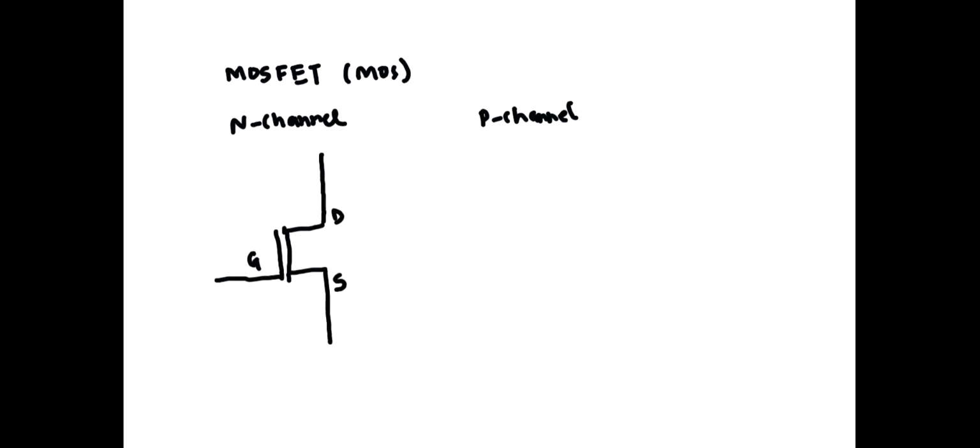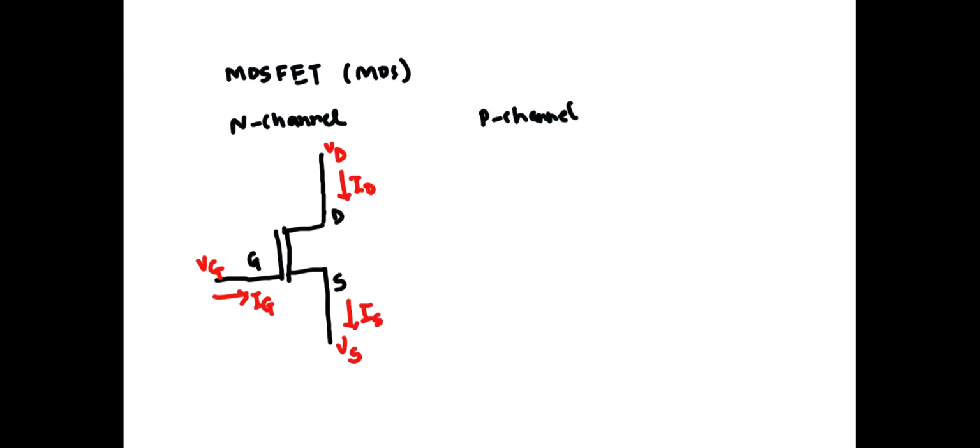The voltage at this terminal is called drain voltage. The voltage at this terminal is called source voltage. And the voltage at this pin or terminal is called gate voltage. Current flowing into the gate is called gate current. Current flowing into the drain is called drain current. And current flowing through the pin source is called source current IS.